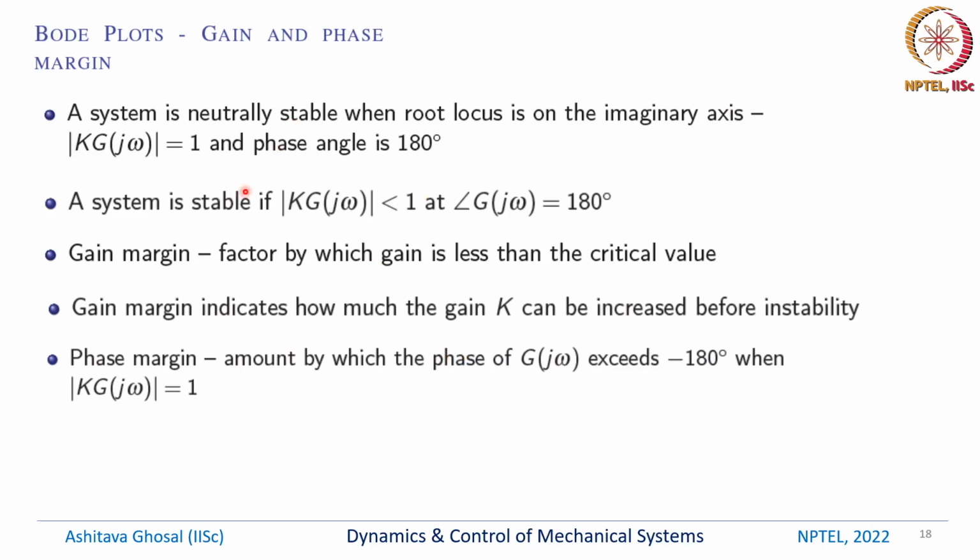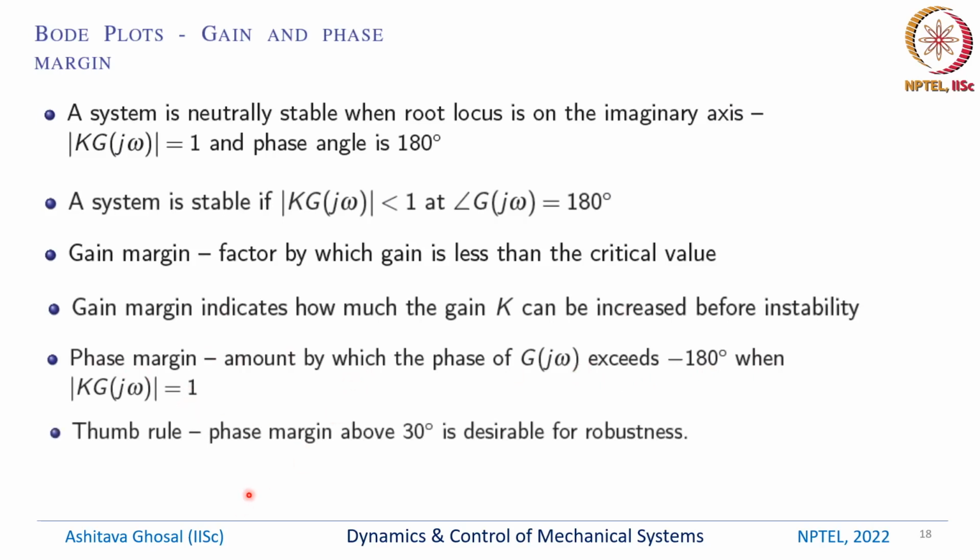So the question is, how much can we increase this k such that the magnitude of k g(j omega) still stays less than 1. And the phase margin is the amount by which the phase of g(j omega) exceeds 180 degrees when this magnitude is equal to 1.